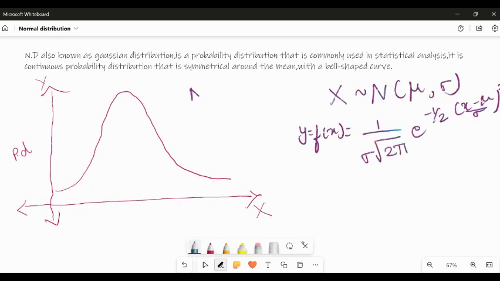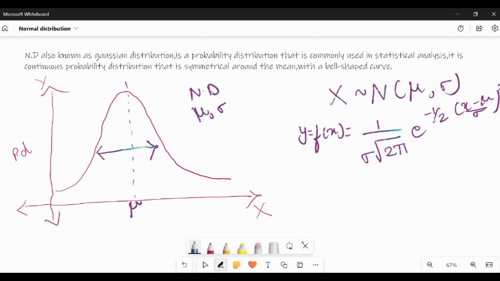The normal distribution is characterized by two parameters, which are well known: mu and sigma. Sigma is called the standard deviation. The mean represents the center of the distribution, and the standard deviation represents the spread of the distribution, that is, how much you need to disperse.